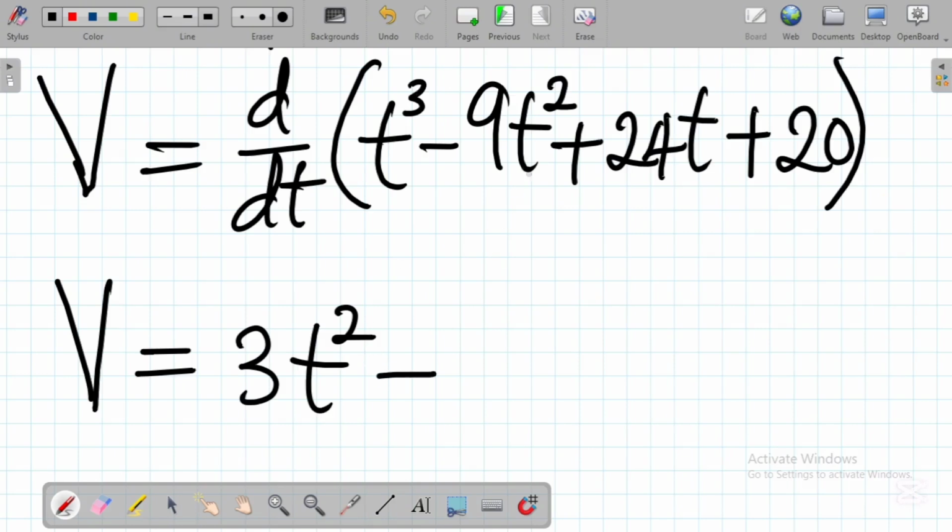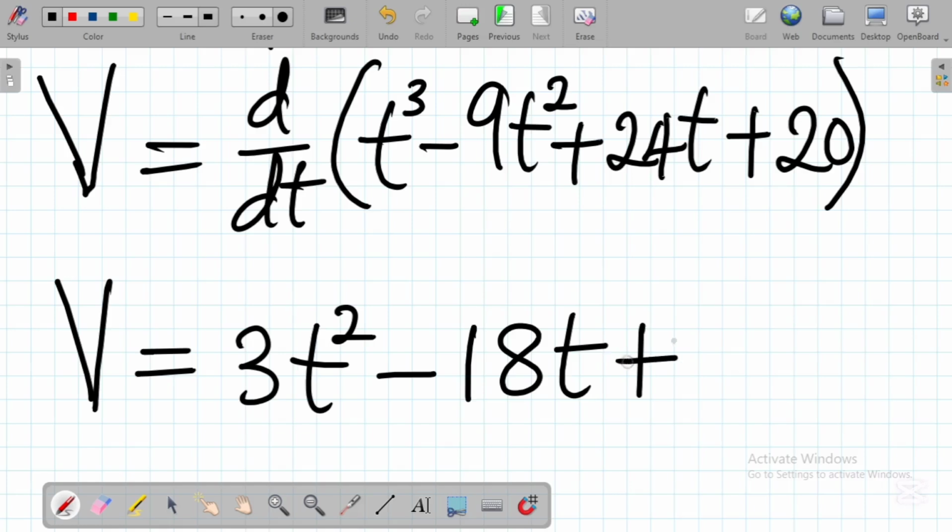And then minus, if you differentiate 9t raised to power 2, it would give you 18t. You multiply 9 by its power, 2, which gives you 18, and then you attach t, and subtract 1 from 2.